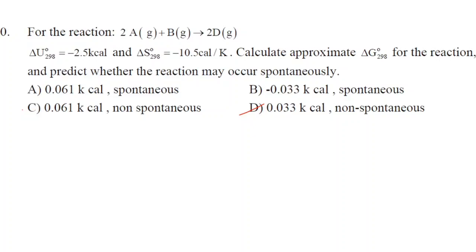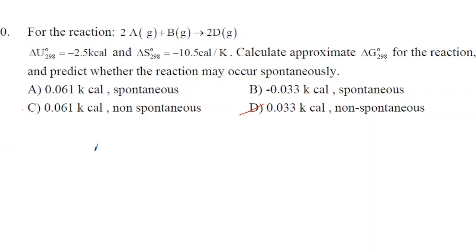Next, for the reaction 2A plus B gives rise to 2D, they have given delta U, delta S. It's not delta G, remember, it's delta U and delta S they have given. Calculate the approximate delta G naught value they are asking, and also predict whether the reaction may occur spontaneously or not.